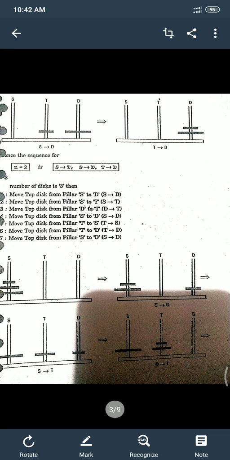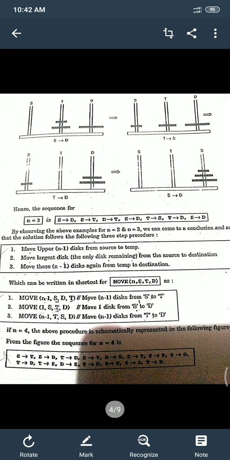Next, immediately take the disc placed on the destination pillar and place it onto the temporary pillar, because a smaller disc can be placed on a bigger disc. Now take the bigger disc in the source pillar and place it on the destination pillar.